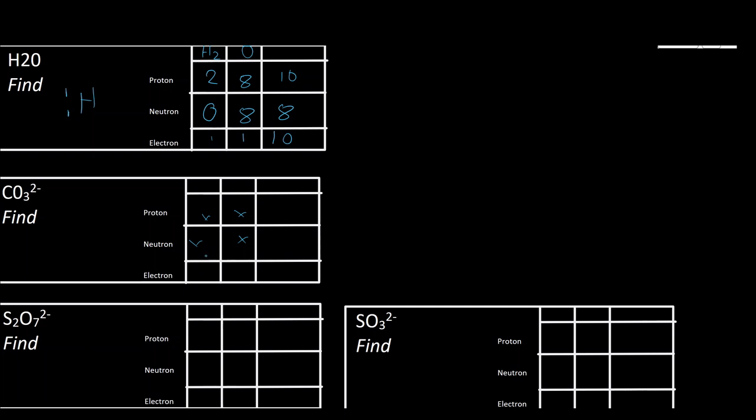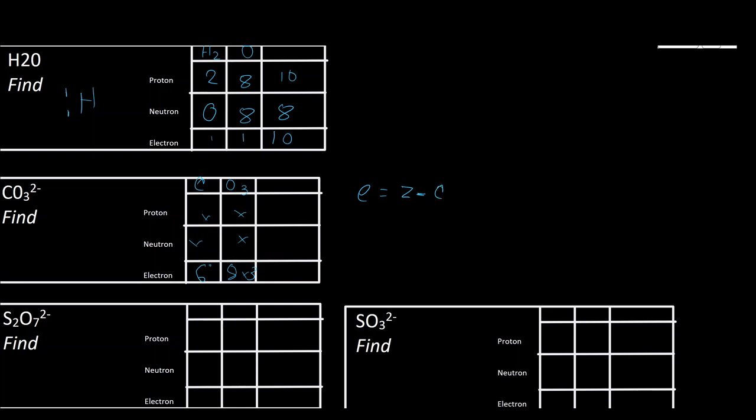So what we have here is, let's put C and then we put O3. Okay, so what is the number of electrons in carbon? It's 6. What is the number of electrons in oxygen? It's 8. But since we have 3 of them, it's 8 into 3. And then we have a charge. So if you remember, E equals Z minus C. What is Z?